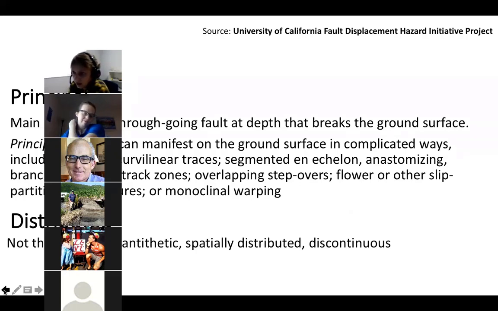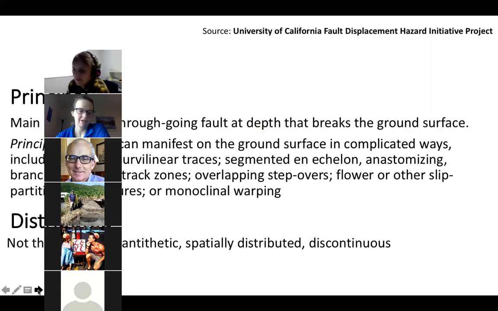It's admittedly ambiguous. This is what made sense for the fault displacement project. But if you need a different definition as you go along, just as long as it's clear in the maps that you put together, I guess recognize that a technical argument could be made against putting those under principal.